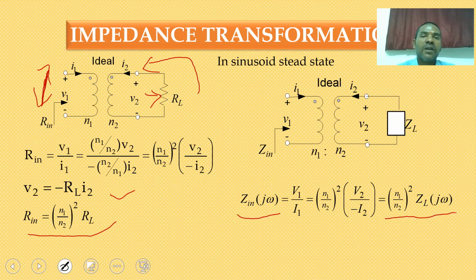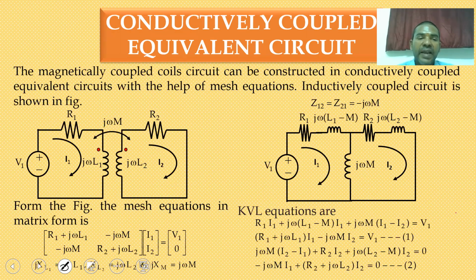Next, coming to the conductively coupled equivalent circuits. Any magnetically coupled circuit you can represent in terms of a conductively coupled circuit also. Inductively or magnetically coupled circuits mean there is no direct connection between the elements.